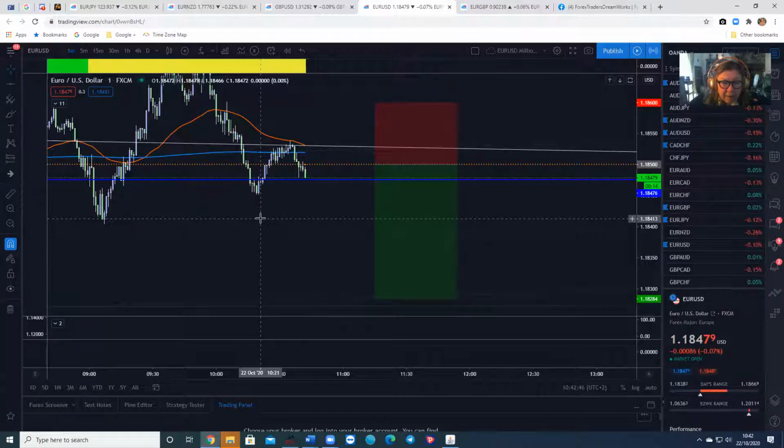I'm tempted to get in this Euro USD. It's just going on a buy candle at the moment.